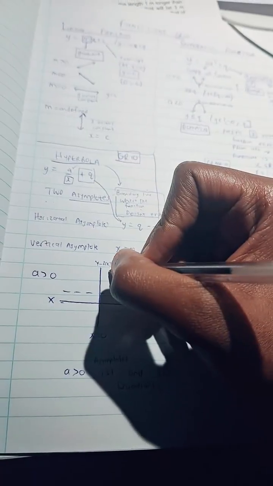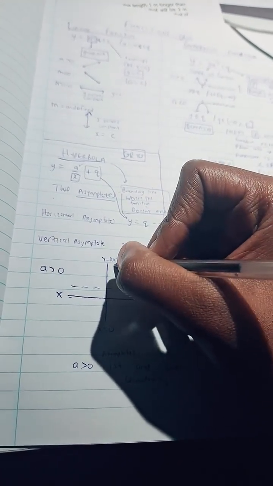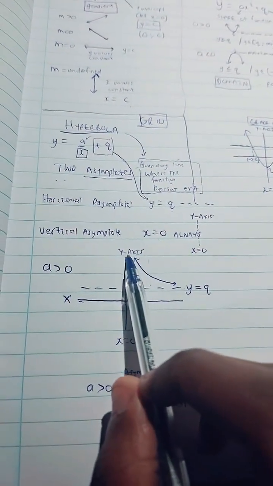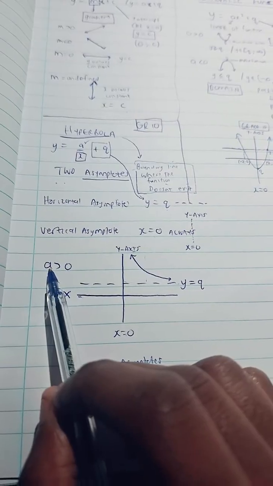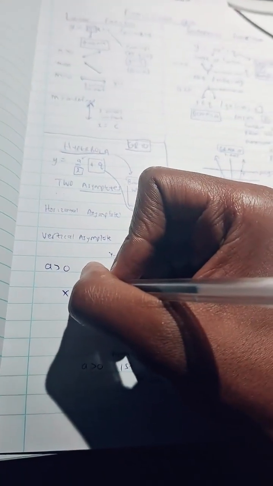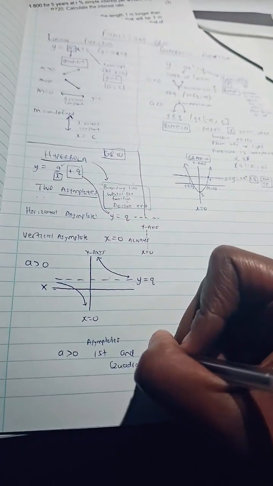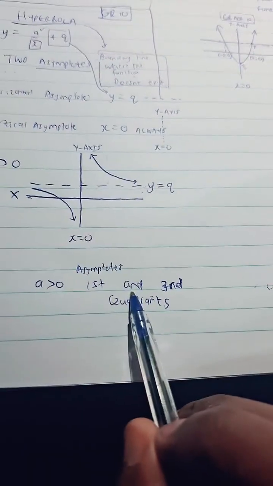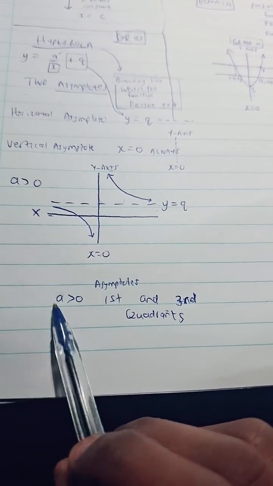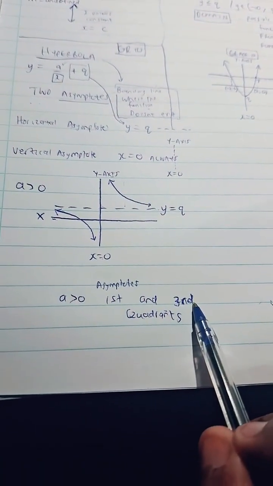So my function is found in the first quadrant, when a is positive. Then it is also found in the third quadrant. No, first and third. Sorry, I said first and second. First and third. My mistake.